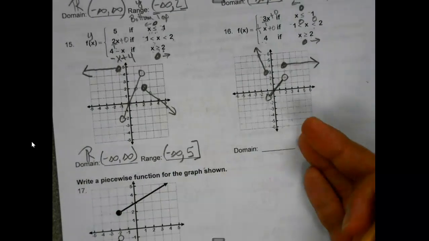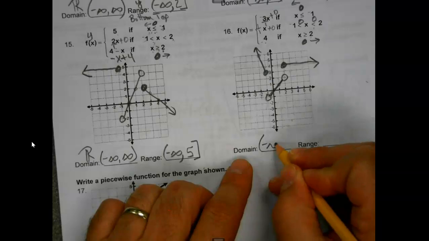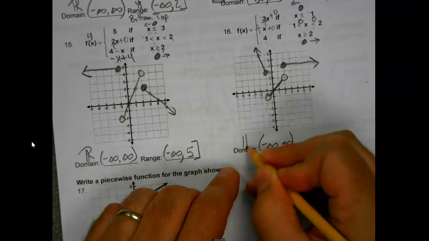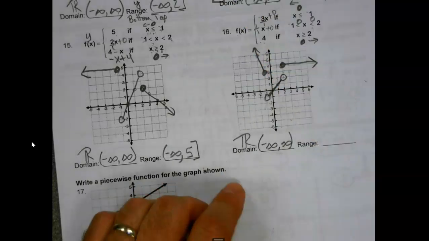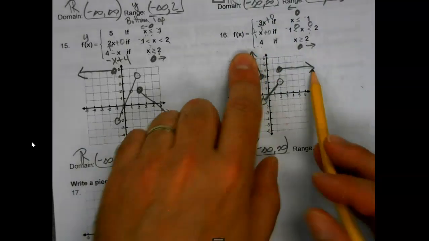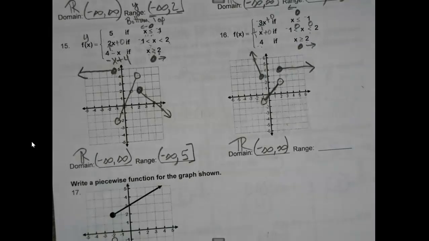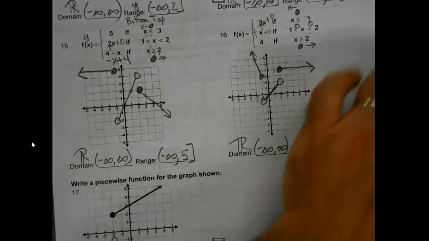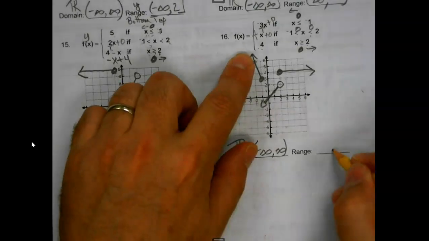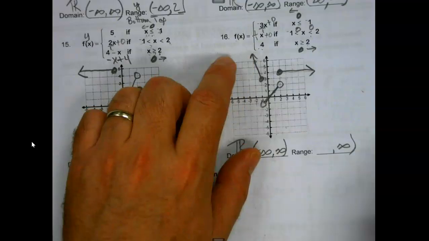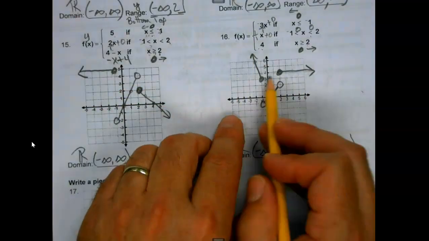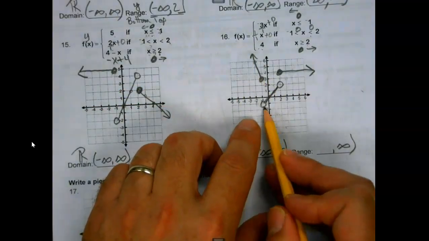Okay. Our domain, we don't even have to mention because it's the same every time. That, even though it's going up, is still slightly going to the left. So we are going forever left, forever right. Now, range value. We're going up forever. Okay, that's cool. This is not telling me my lowest y point.